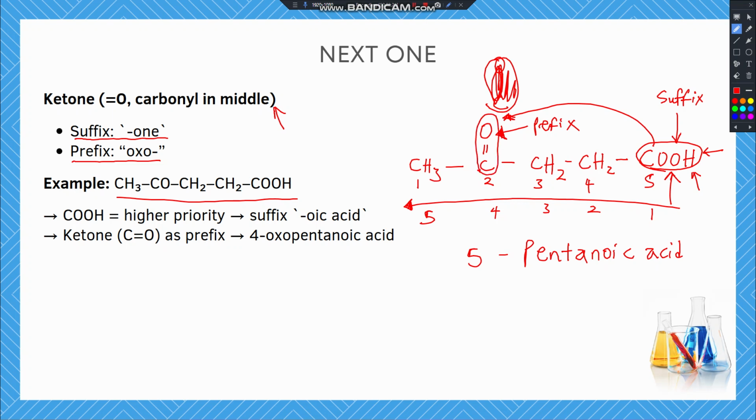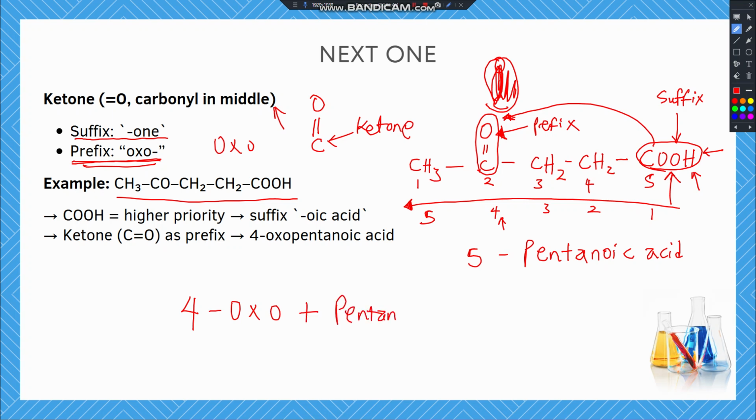Now when carbon has a double bond to oxygen, it is called a ketone. But now it is acting as a prefix, so we use the name oxo, and it is on carbon number 4, which tells us that we have 4-oxo plus pentanoic acid.